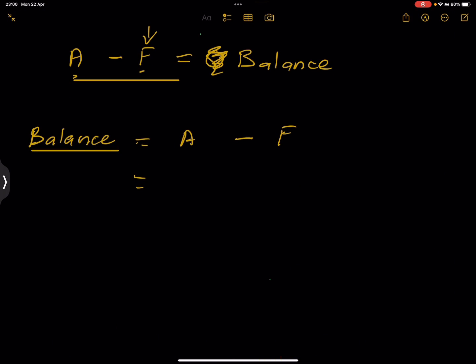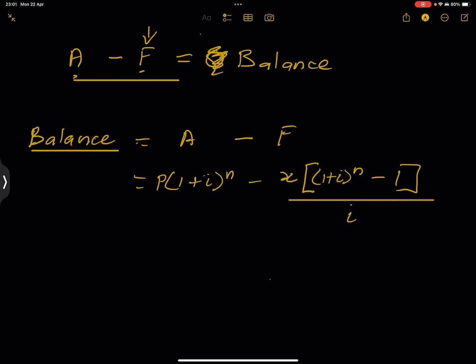So now, what are we going to do? This is 800,000 rands into, maybe let me just write down the formula. So that's going to be the principal amount, and 1 plus i to the exponent n minus x. So these are the withdrawals that it keeps making. Future value, that's 1 plus i, exponent n minus 1 divided by my value for i.